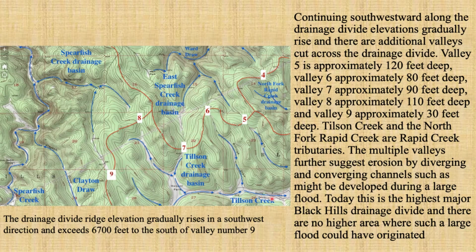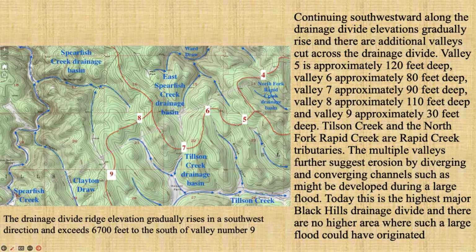So we're still in the Rapid Creek drainage basin here, even though it's labeled Tilson Creek. But one of the things that's interesting is that the high points along the drainage divide are getting higher as we go to the southwest. And the highest point here is about 200 feet higher than the highest point in the previous slide.